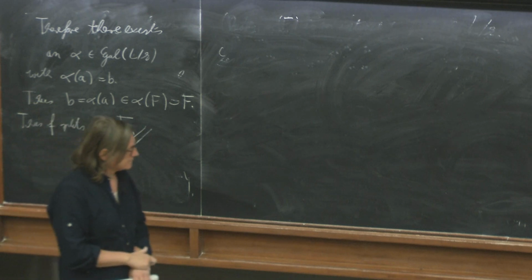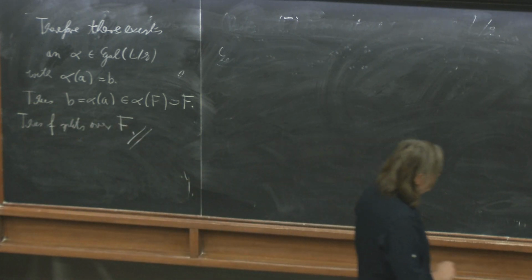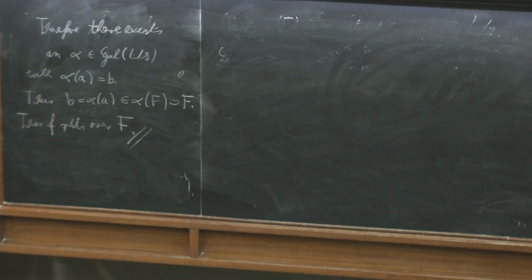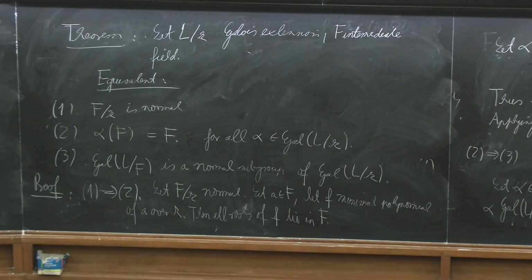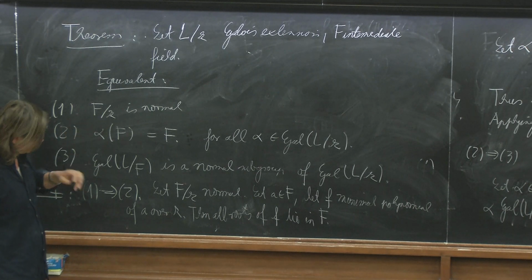Now we can also ask something else. So now we have this statement that if we have a normal subgroup of the Galois group, we get that the corresponding intermediate field is normal over the ground field. So then a natural question would be, what is the Galois group of F over K?